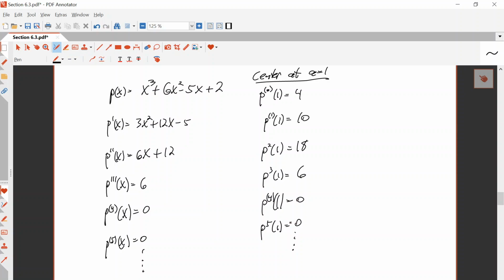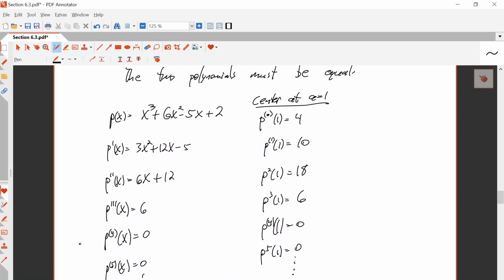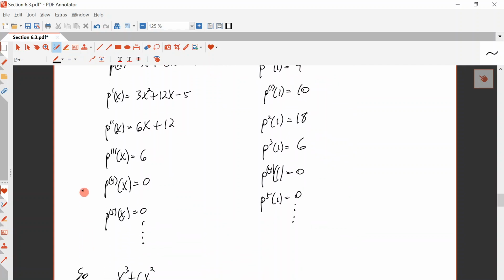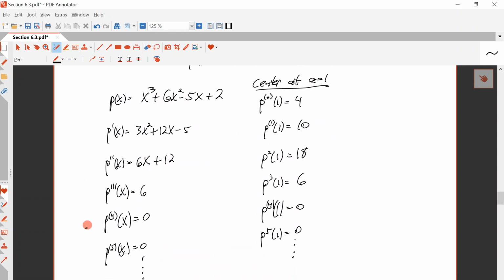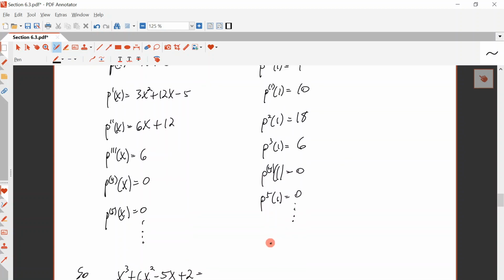So this polynomial p of x, x to the third plus 6x squared minus 5x plus 2, is equal to, so it's a polynomial of degree 3, right?